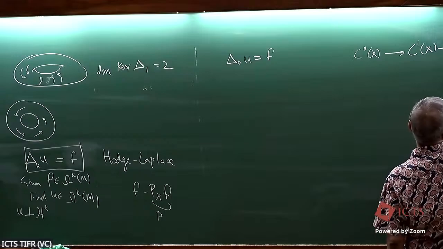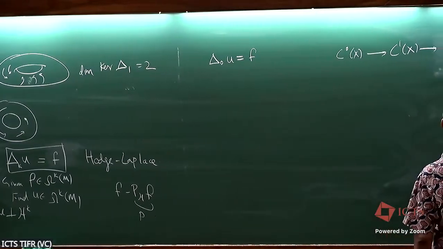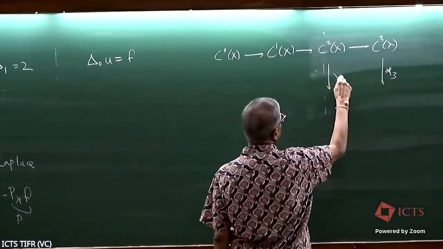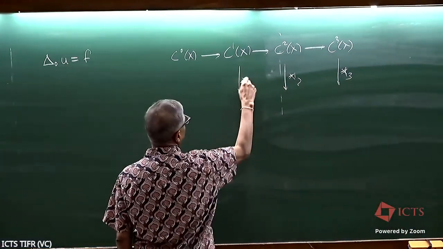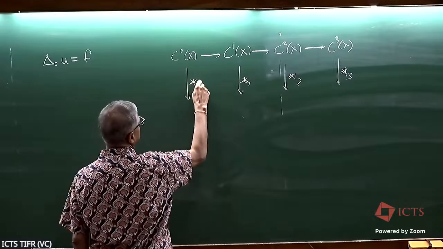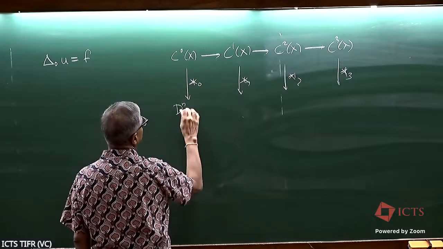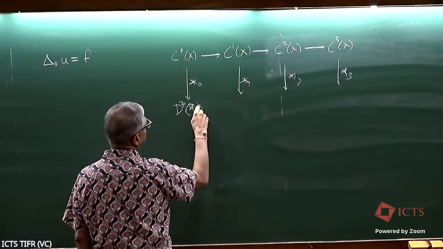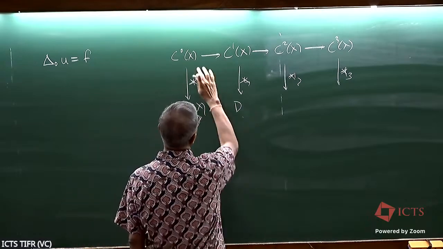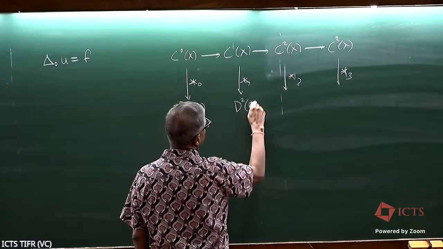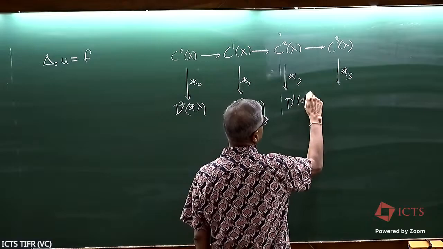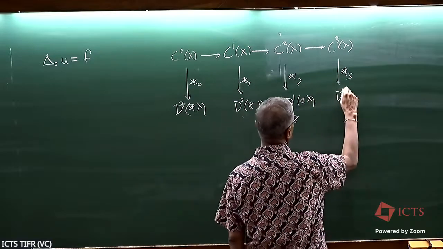And there are the Hodge stars taking you to the dual cell complex. This is dual 3-forms, dual 2-forms, dual 1-forms, and dual 0-forms.